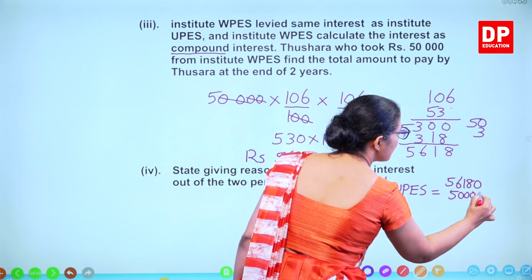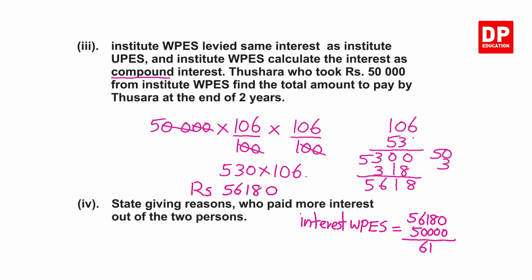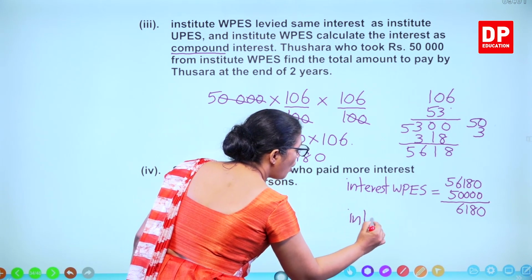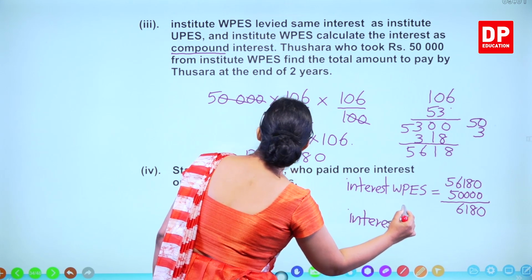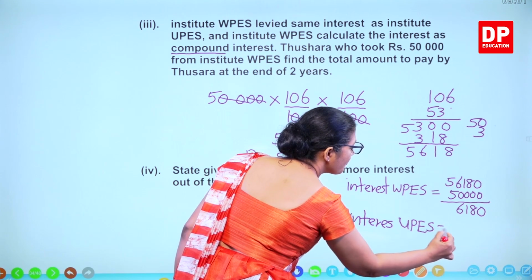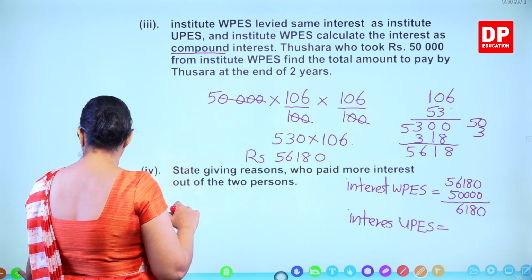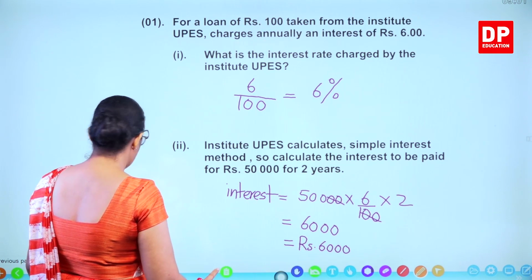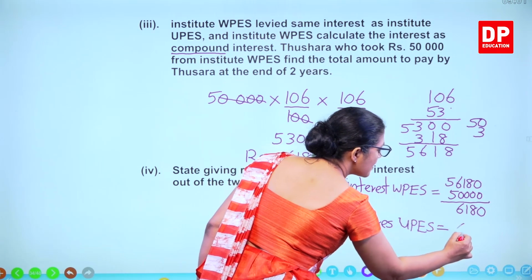That's the interest. 6,180 rupees. Now we'll look at the interest for UPES Institute. So we did that before. We found the interest was 6,000 rupees.